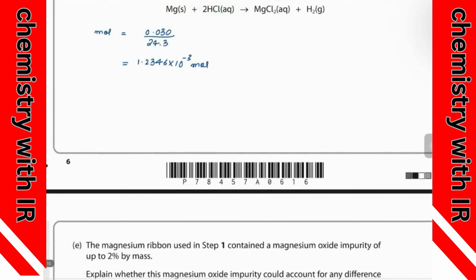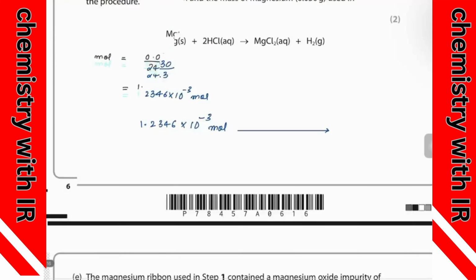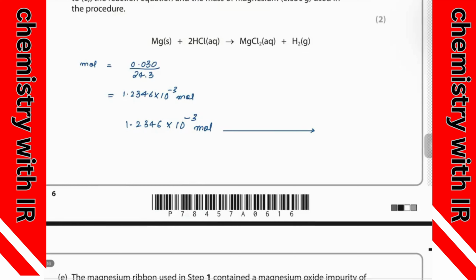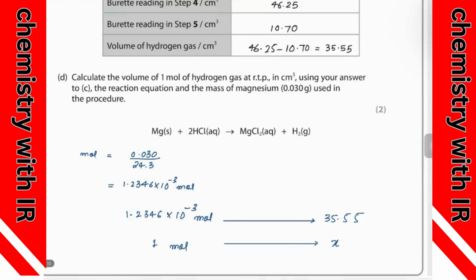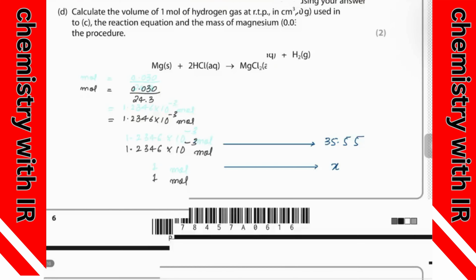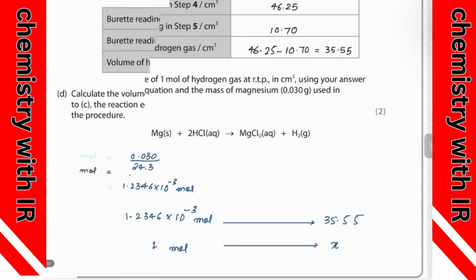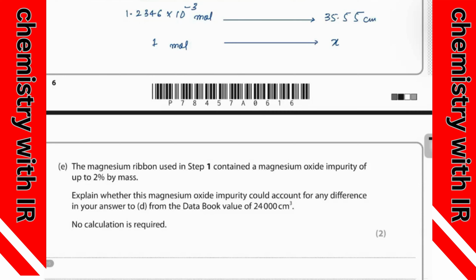So this much moles of hydrogen releases this much volume. How much volume would it release if I have 1 mole? Because in the question they are saying we have to find out the volume of hydrogen gas released by 1 mole in centimeter cube, not in decimeter cube, right? So this is your centimeter cube.